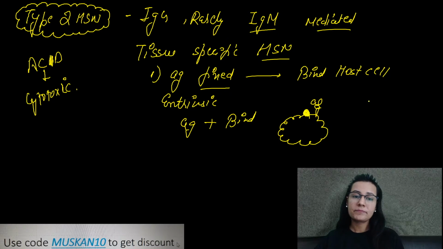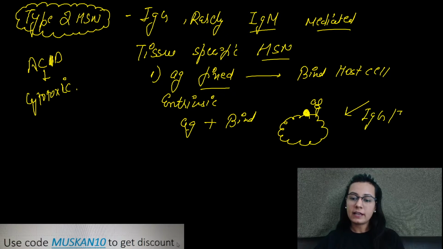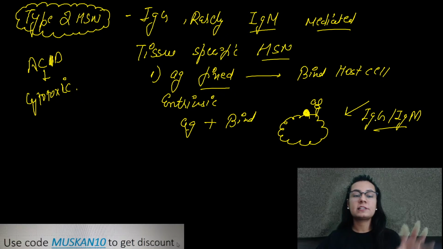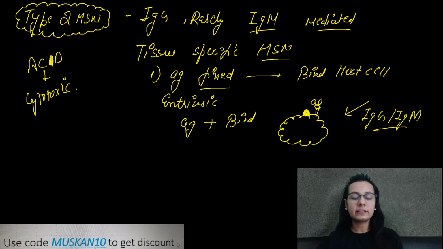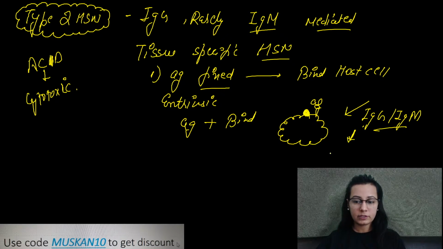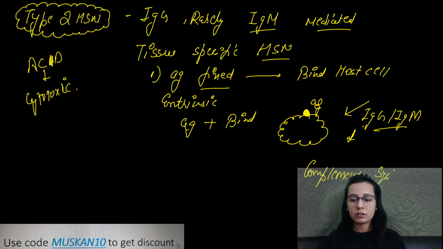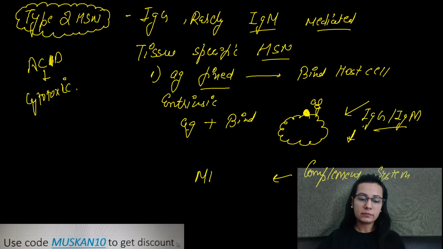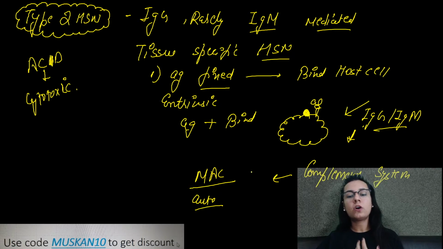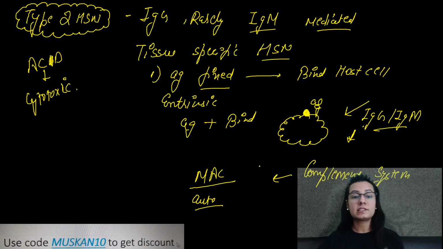So the IgG and IgM antibodies will recognize it as a foreign cell and start attacking this cell, causing activation of the complement system. Because we have studied that the complement system is activated by IgG and IgM antibodies, and after activation the complement system will form the membrane attack complex and autoimmune reactions, leading to lysis of our own cells and causing hypersensitivity reactions.